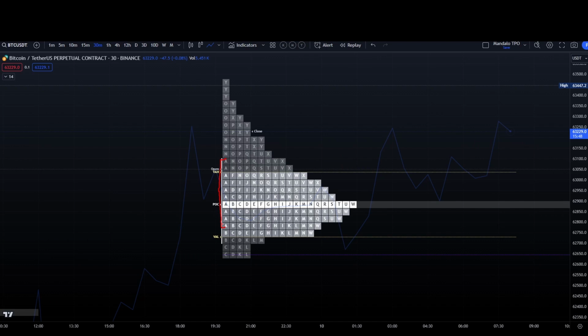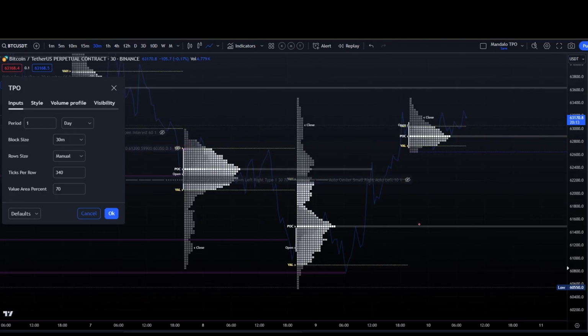These blocks are usually a default size for price increments, and it depends on the tool that you're charting with, but this can be adjusted by selecting ticks per row in your settings. I'll have another video on this soon, but in most charts in this video I've selected between 24 and 48 TPO height for Bitcoin, and this chart is set to $34.